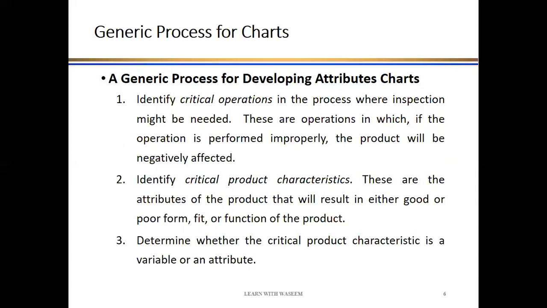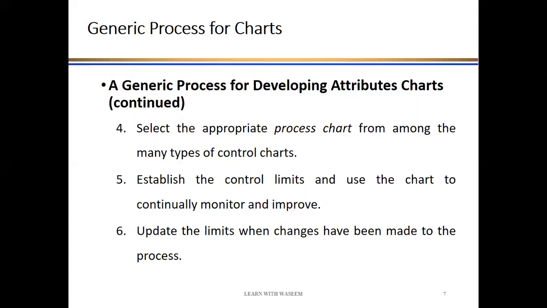charts for attributes. The fourth step is to select the appropriate process chart from among the many types of control charts. So as we have identified and determined whether the product characteristic is a variable or attribute in step 3, in step 4 we will have to select the appropriate process chart.